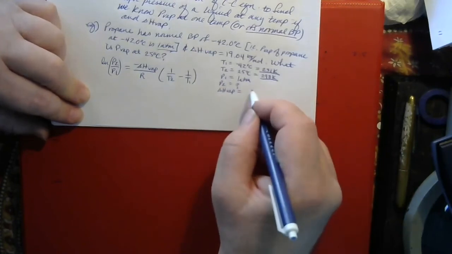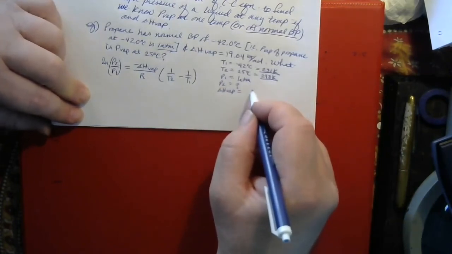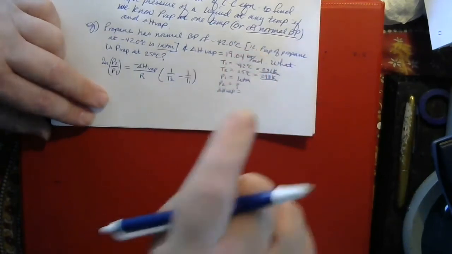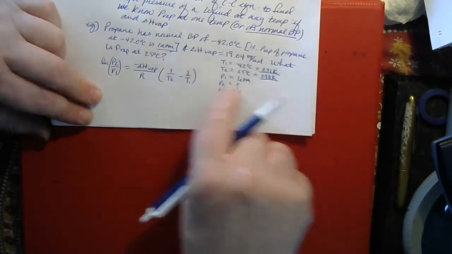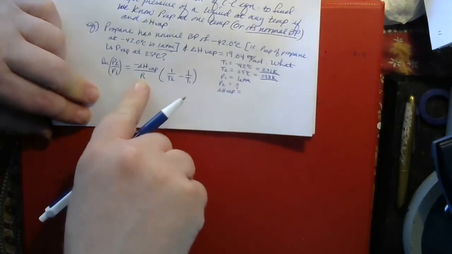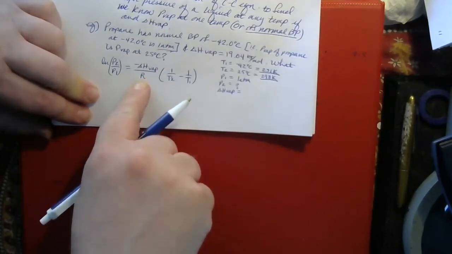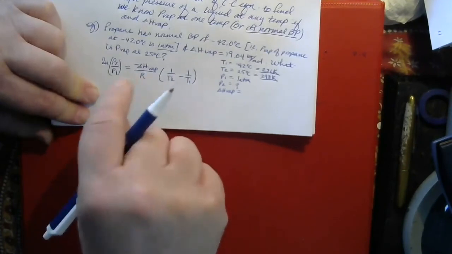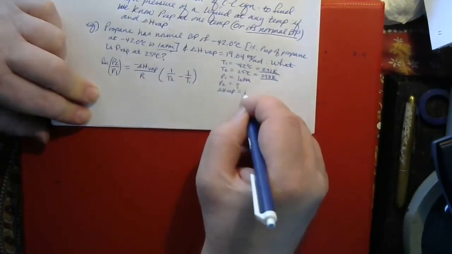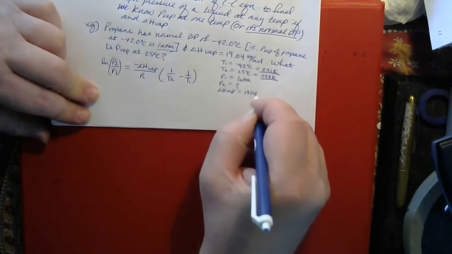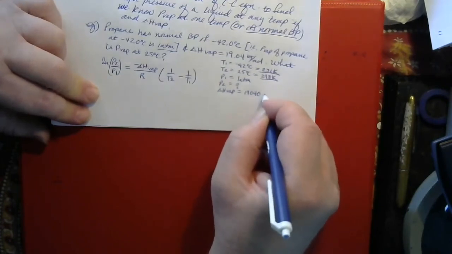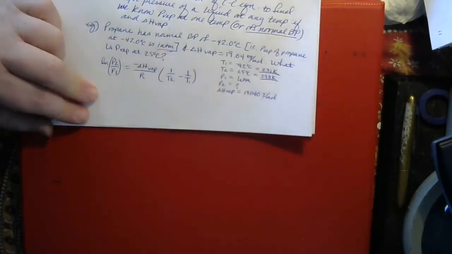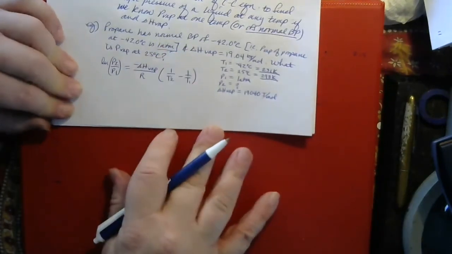And the heat of vaporization is 19.04 kilojoules per mole, but watch out, it's got to be in joules because of the units for R. That's 8.314 joules per mole degree Kelvin. And so this is actually 19,040 joules per mole, because each kilojoule is 1,000 joules.